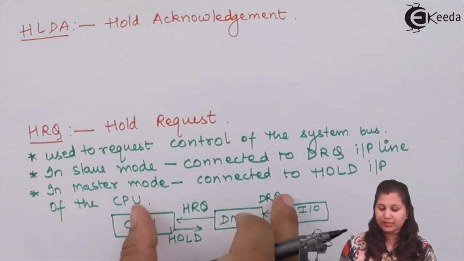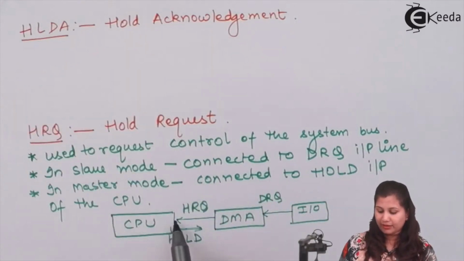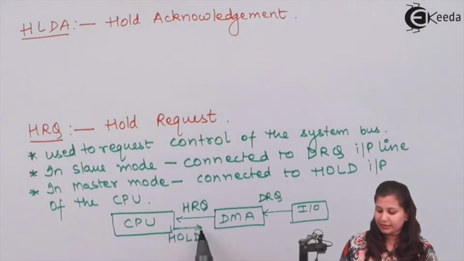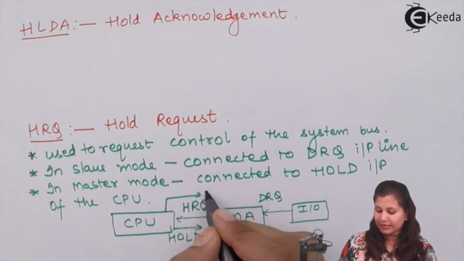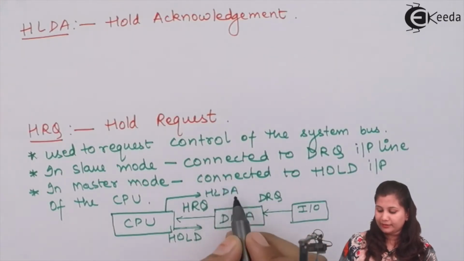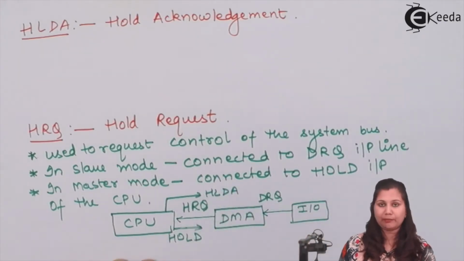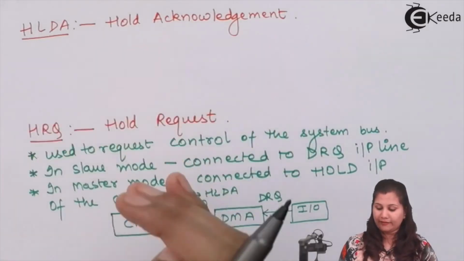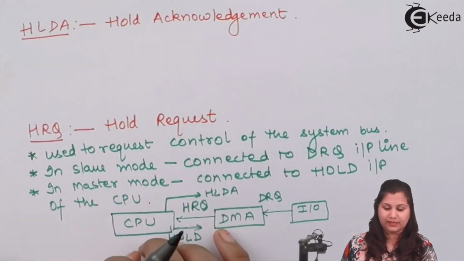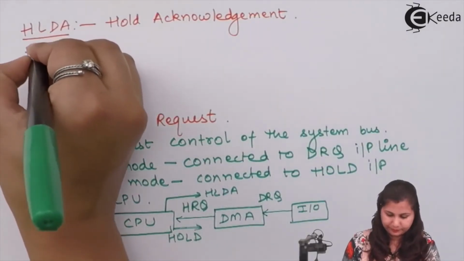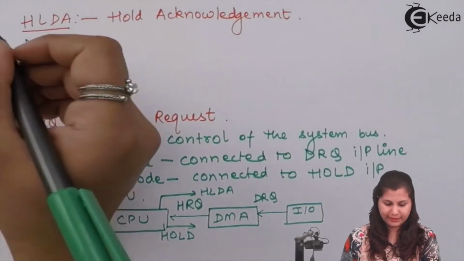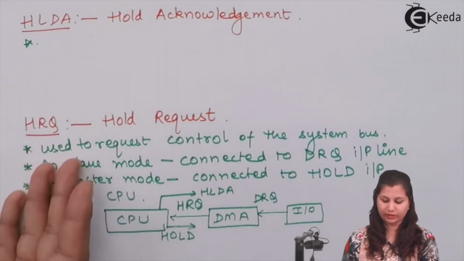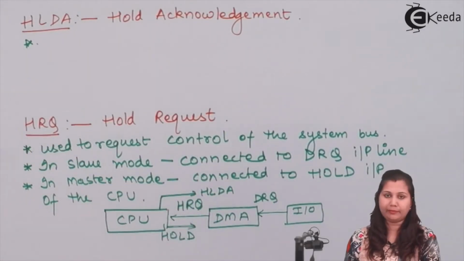Next, in response, when the CPU gets this request from the DMA, it sends the signal HLDA, meaning the request has been acknowledged by the CPU and now the buses can be controlled by the DMA. So this is just an acknowledge signal in response to the request. This hold acknowledgement signal is in response to the hold request made by the input output devices and the DMA controller.